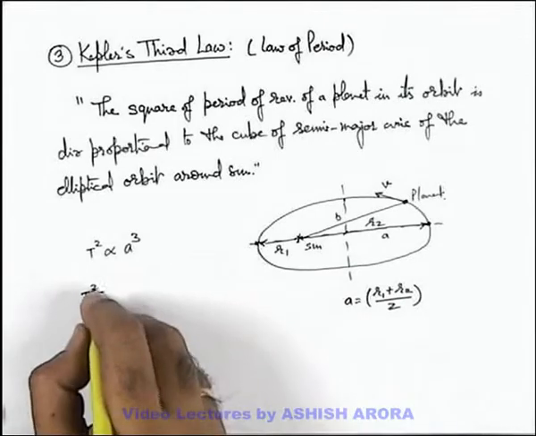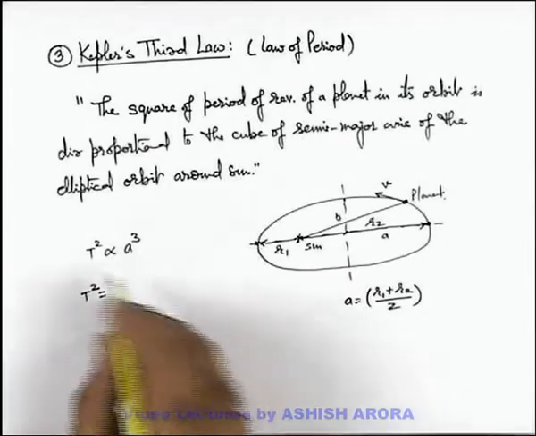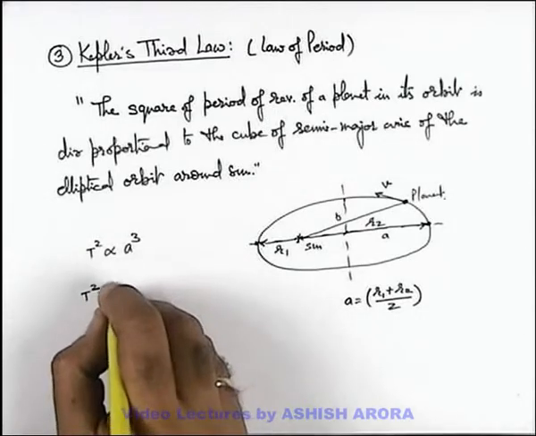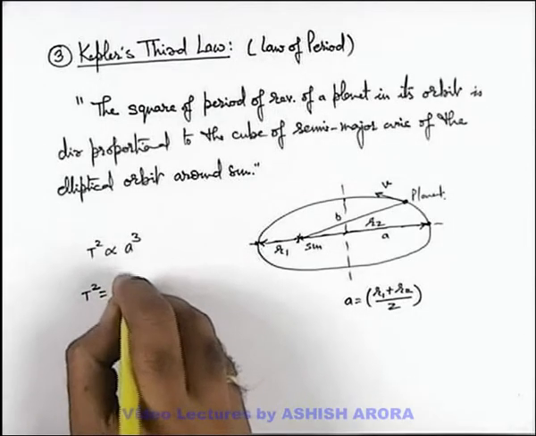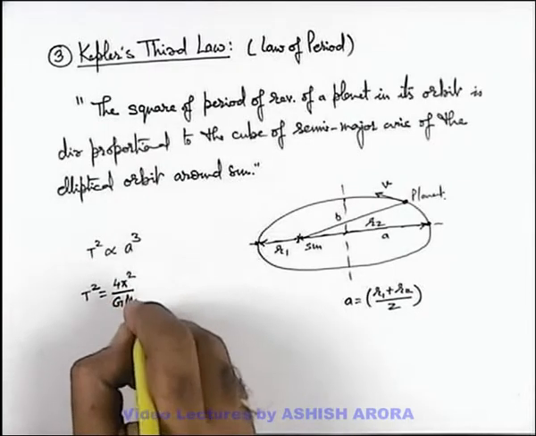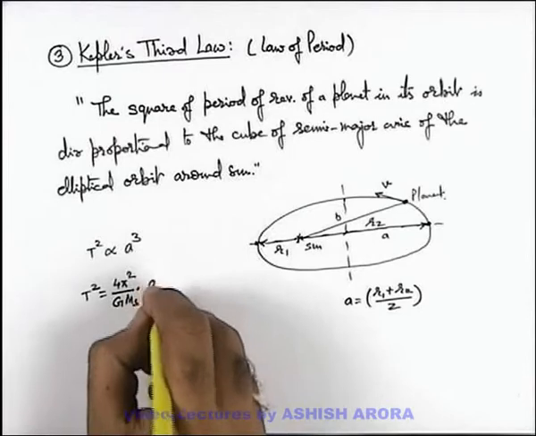But if you wish, you can go through the Physics Galaxy part of gravitation in which the whole derivation is given. Here the constant is obtained as 4 pi square by G Ms, where Ms is mass of Sun, multiplied by a cube.